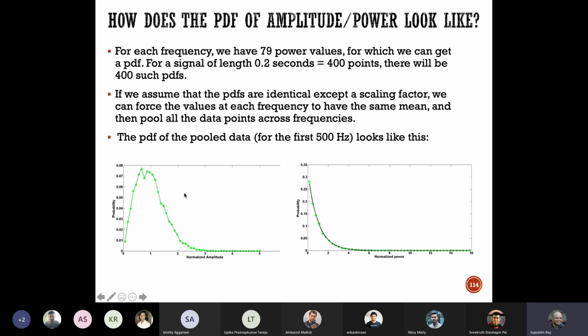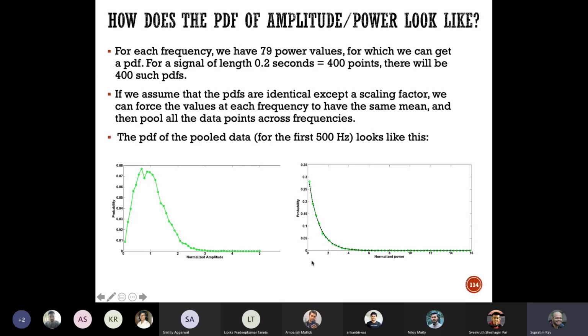At different frequencies, I will end up getting just a scaled version of the same histogram. Because I don't have 5,000 values, I only have about 80 values, I am estimating this by first rescaling so that each distribution has the same mean and then averaging across frequencies.